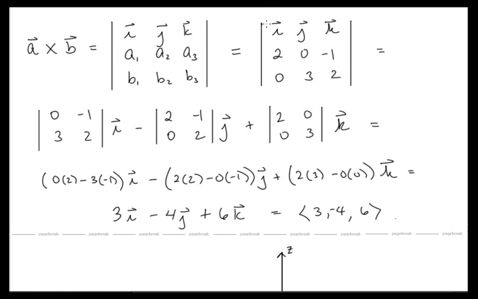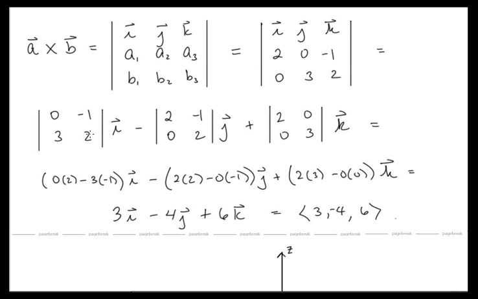So multiplied by vector i, we get the minor determinant here, 0, negative 1, 3, 2. And then we have a negative sign. Multiplied by basis vector j, we have 2, negative 1, 0, 2 as our minor determinant. And for basis vector k, we have 2, 0, 0, 3.